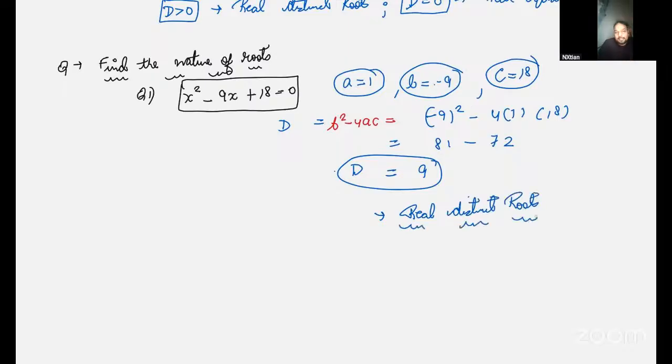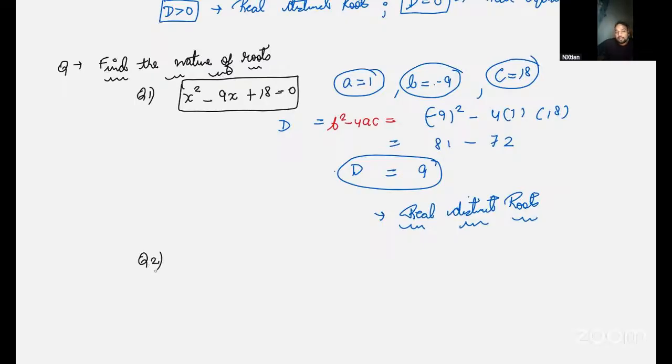Everyone got this? Yes or no? Agatha, Vidya, Nayantara, Abraham, David, got it? This is how we will find out the nature of the roots. Abraham, David, are you there? Now question number 2.